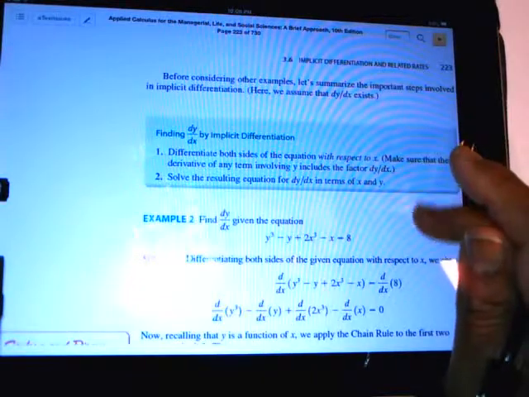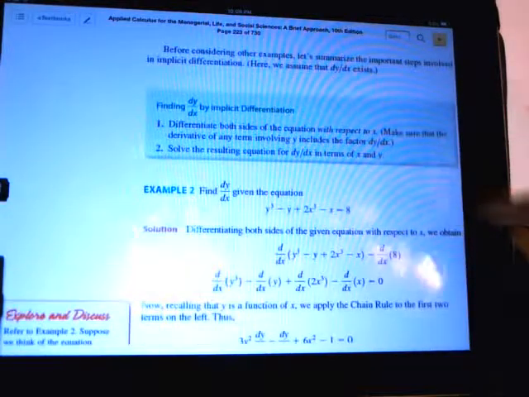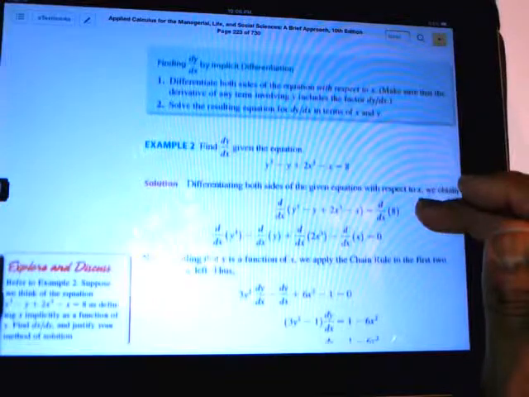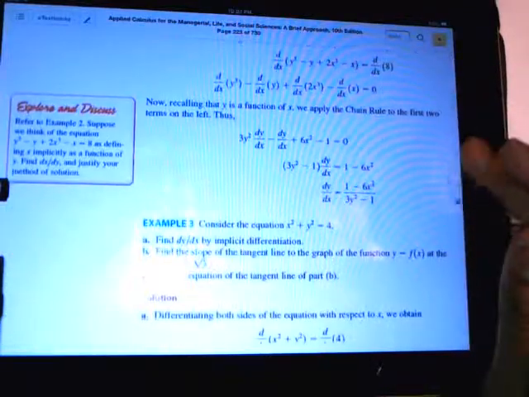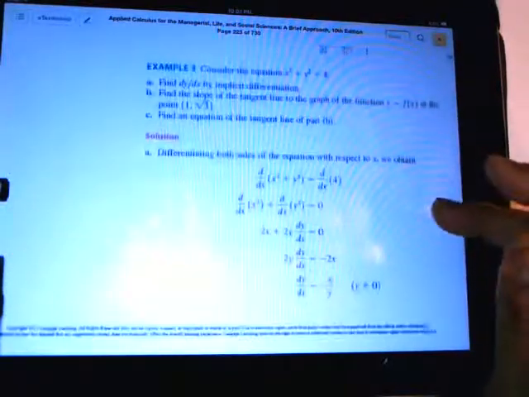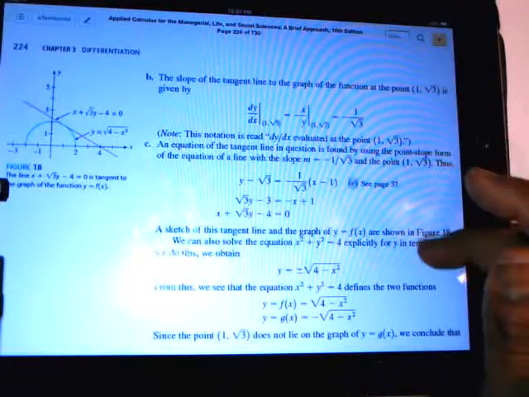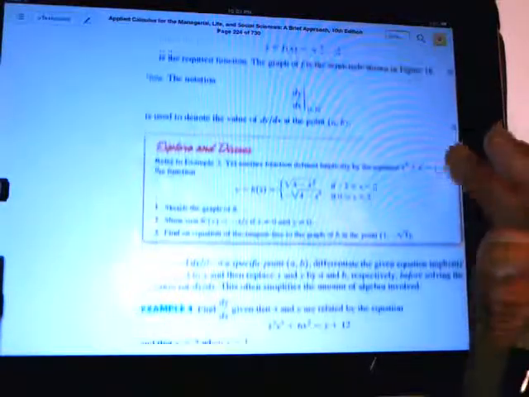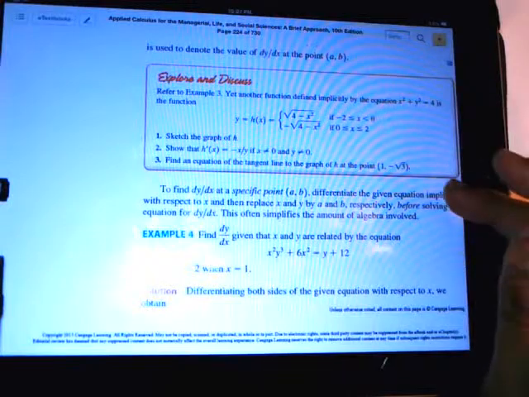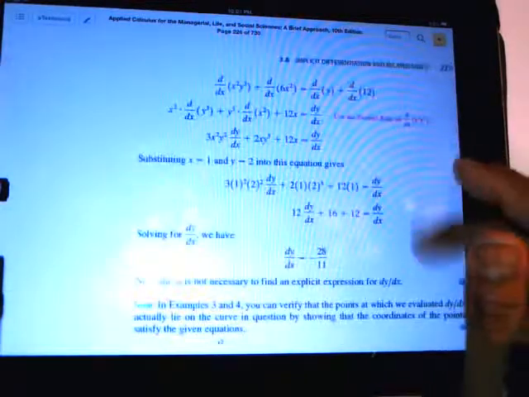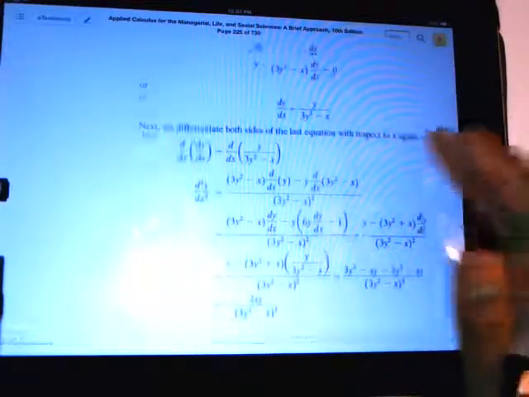And on the next page, there's a more complicated question. This is similar to one of the examples I did, but read these examples, and if you have any questions on the homework, be sure to contact me, as always. So example 4 has product rule in it, and so on. Okay, that's the end of this section.